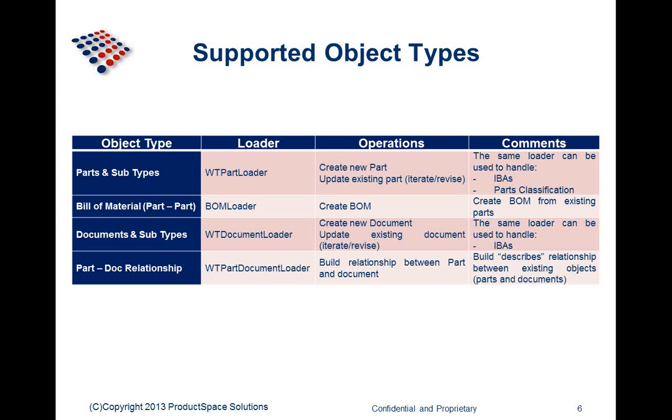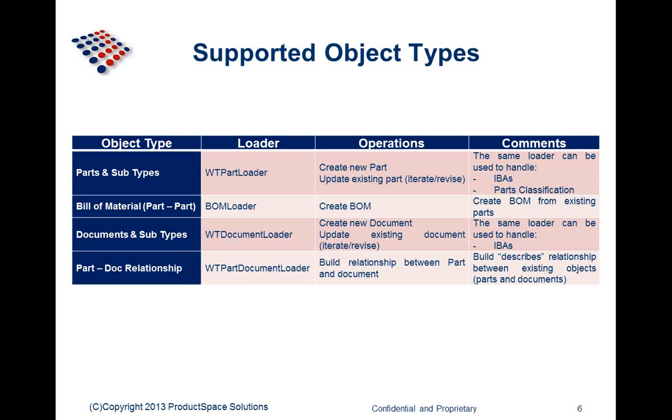However, I would like to specify that the migrator has often been extended in several cases to support objects such as manufacturers and suppliers, options, variants, choices, manufacturing bill of material, representations, and in some cases we have also extended it to migrate engineering change objects.